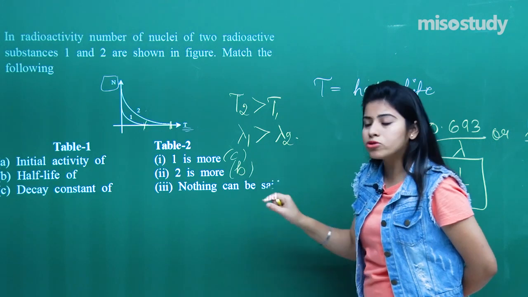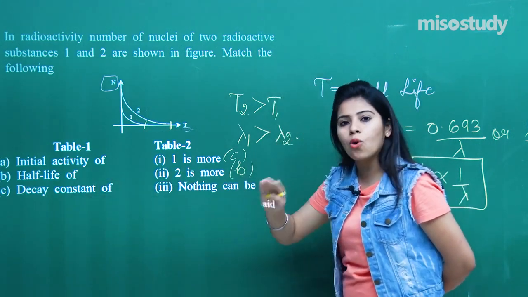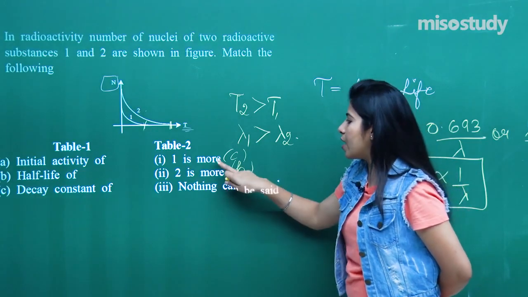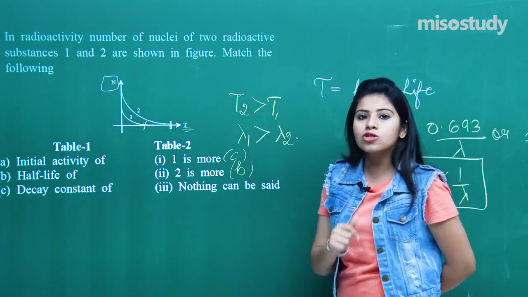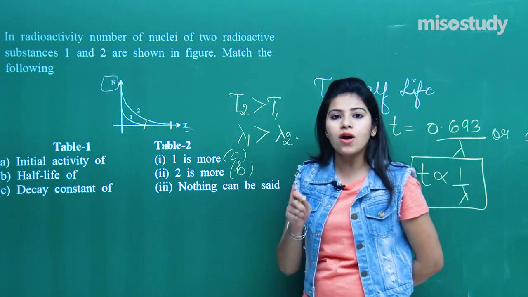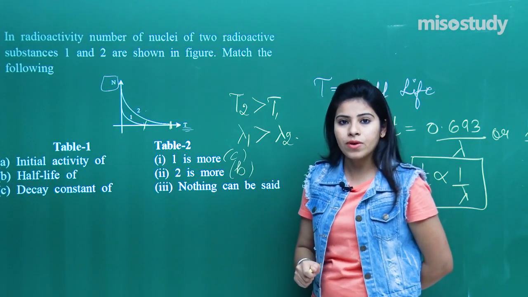You have to match with all these three. You don't have to consider that if A is 1 and B is 2, then definitely C is 3. This is not the way to deal with such questions. You have to check and verify with all the options available, right?